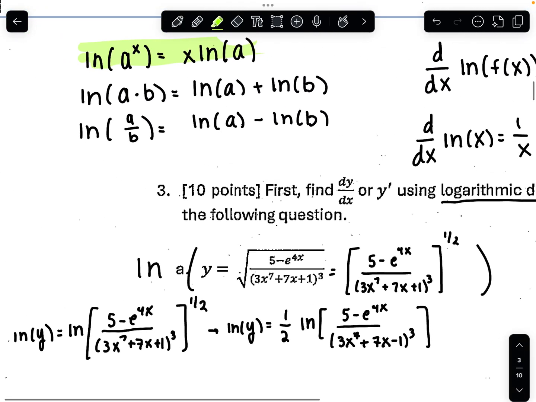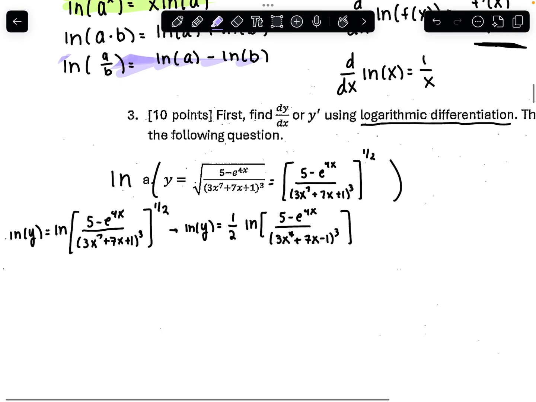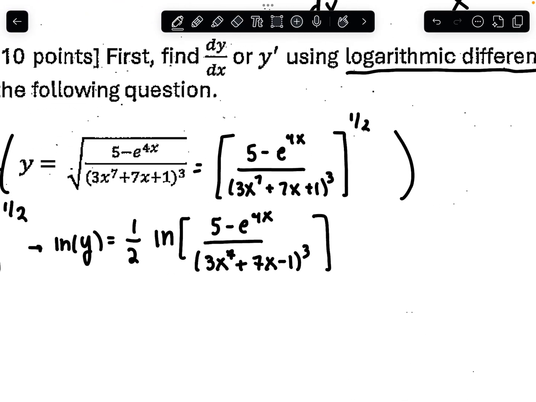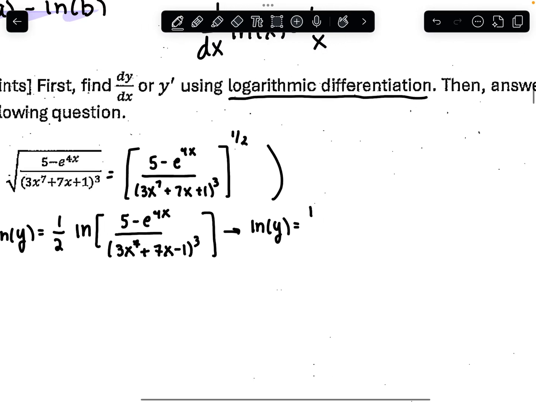So using this one now, why is my marker broken? All right, whatever. So let's do that. We have ln of y is equal to, I'm going to leave the 1/2 out in front and deal with it later.